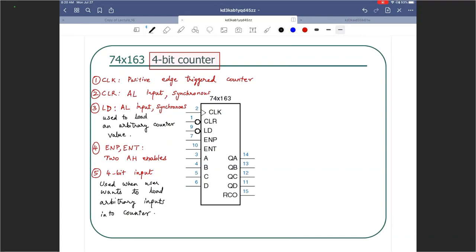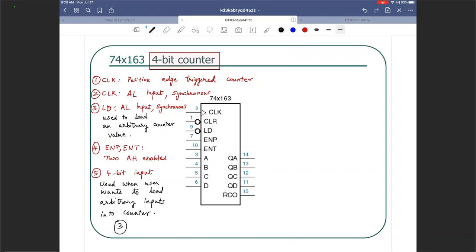So let us suppose, for the sake of an example, I wanted to load the decimal value 3 into the counter. What would I need to do? Well, among other things, I would have to not use clear. So I would have to make sure that the clear input is inactive.